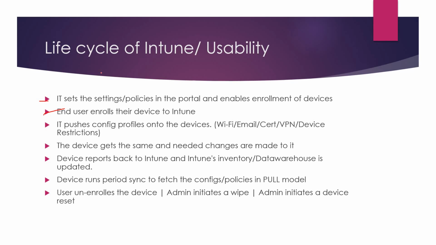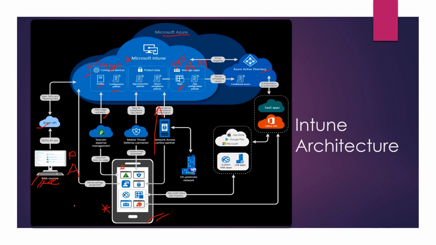All we need to do is go to the App Store or Play Store and download it. Once it is downloaded, the end user just needs to sign into that application, and then a channel is established between Microsoft Intune and the mobile device. So now the mobile device knows where it needs to go to get updates or send reports, and Microsoft Intune knows where it needs to go to push updates or policies.